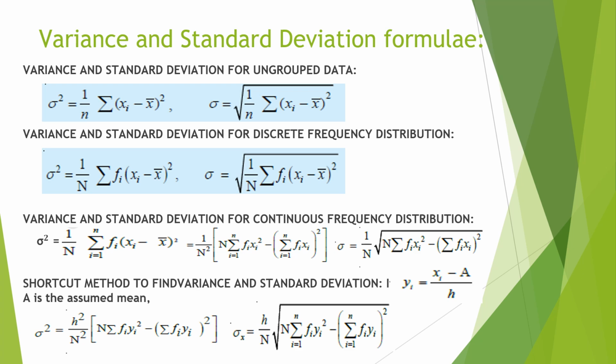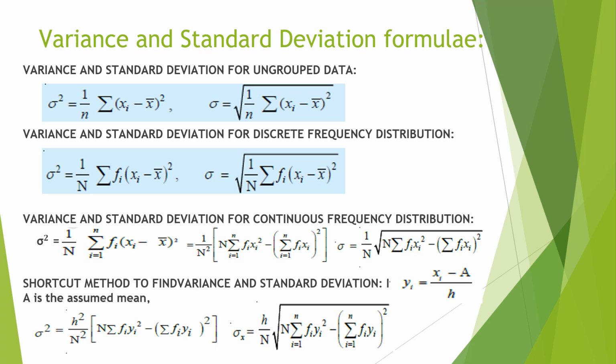The important measures of dispersion are variance and standard deviation. First, let us see the formula so that you understand what is done to get the variance and standard deviation. Variance and standard deviation for ungrouped data: the variance symbol is sigma square, which is equal to 1 upon n sigma of (xi minus x bar) square.